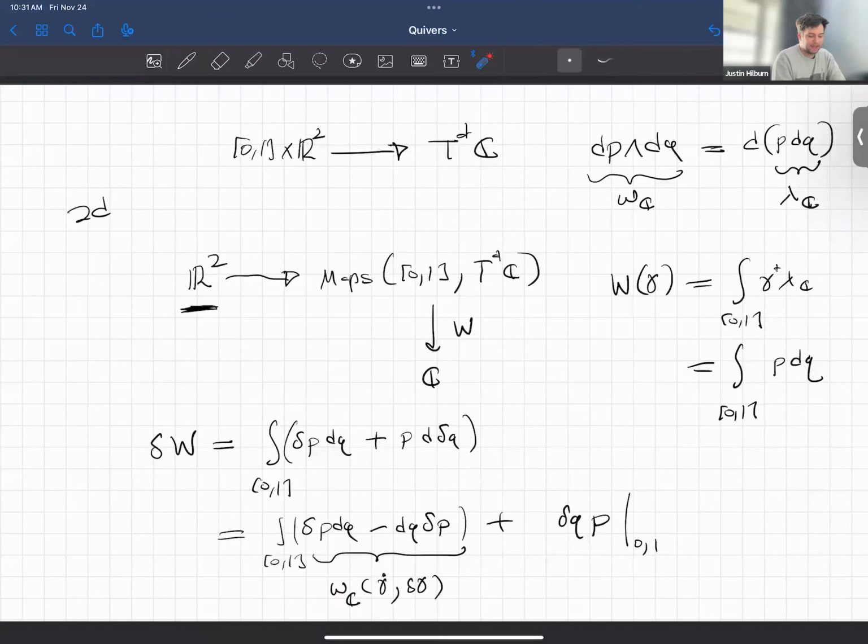In order to get that, you need to impose some boundary conditions. The simplest thing you could do is ask for P to be 0 at the boundary, on 0 and 1. That tells you this thing needs to lie on the zero section, and that's a holomorphic Lagrangian boundary condition.